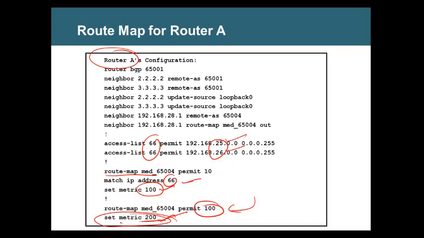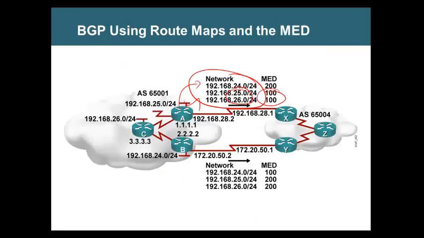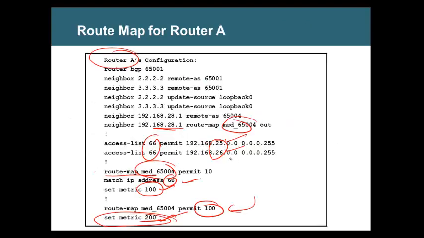Now, we are taking this route map and binding it to the neighbor, which is an eBGP neighbor, 28.1, this guy, X. So I'm telling router A, whenever you speak to 28.1, you need to do what the route map says.